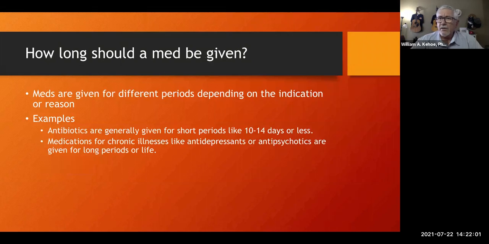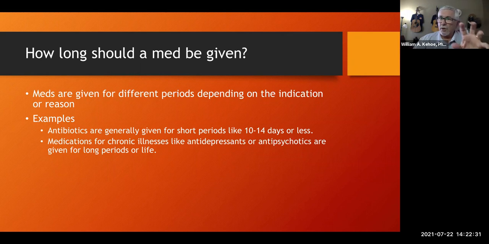Now, here's another important point: how long is this medication supposed to be given for? The way I like to think about it is, what is the condition? Is it something that's short-term? We call those acute problems. So let's say it's next winter and the consumer gets an upper respiratory infection, maybe bronchitis, and the physician prescribes, I don't know, a Z-Pak.